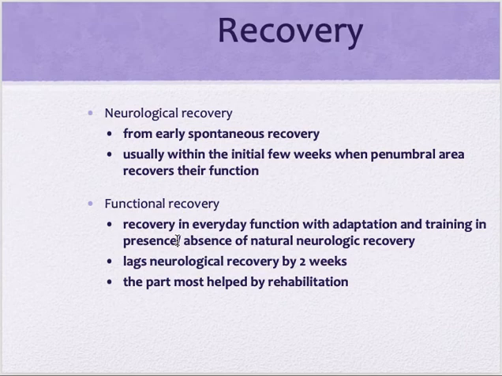For example, one of the predictors is the severity of the upper arm weakness. Someone who has complete paralysis of the arm has a poor prognosis, but someone who has just a little weakness of the arm, of course, has a good prognosis.